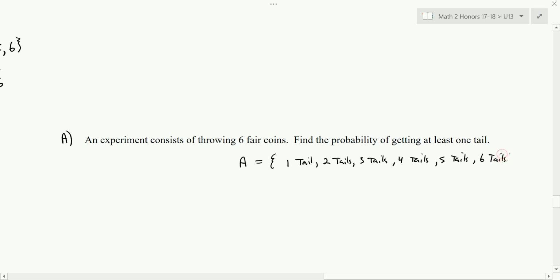Okay, and so then we have to look at each case. So if we get one tail out of 6, that could be one. The first one was tails, and the others weren't. But that's not the only way, right? What else could happen? The second one could be tails.